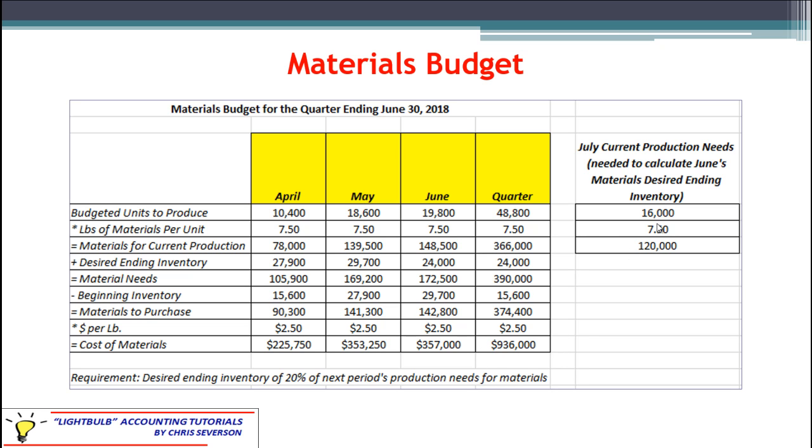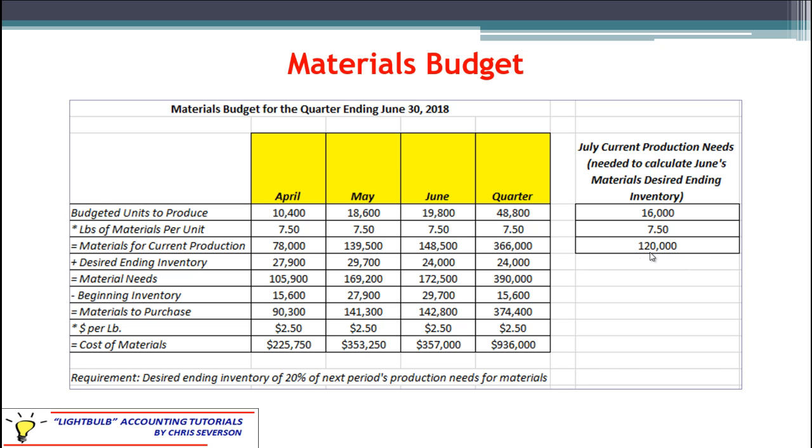Now, again, the reason we needed July, you may recall in the sales and production, we had July sales and August sales. We needed that because we needed to know what July's production needs were going to be. So we don't have August here because we've already calculated this for July. 16,000 units to produce in July, multiplied by 7.5 pounds gives us 120,000 pounds.